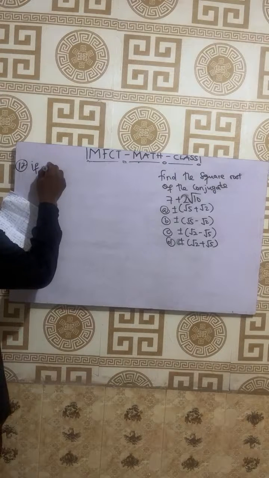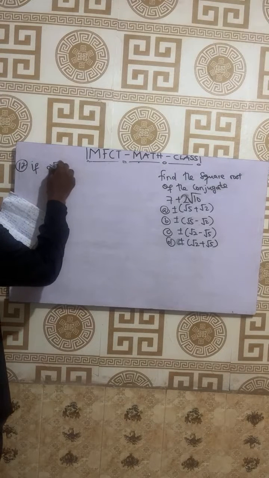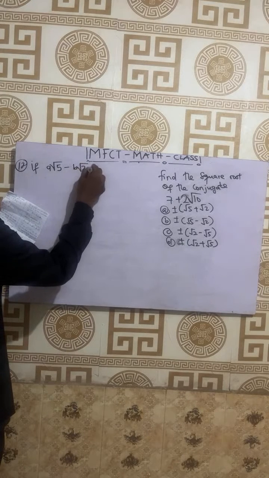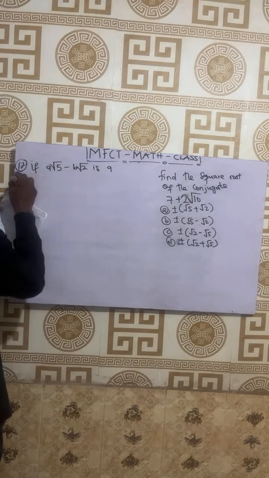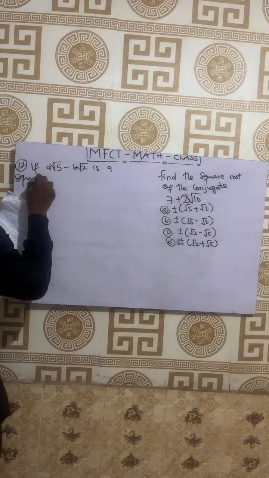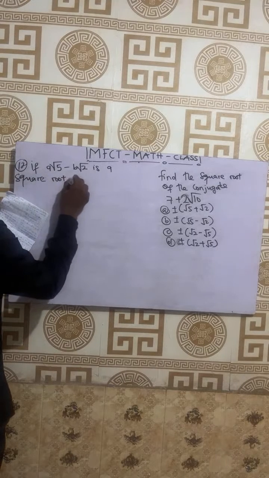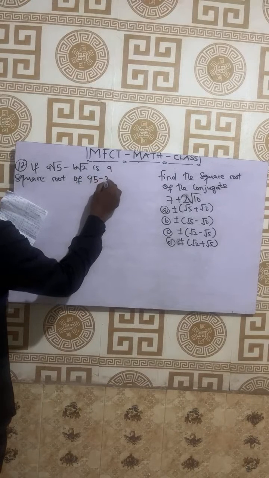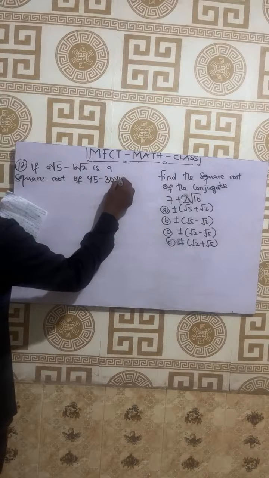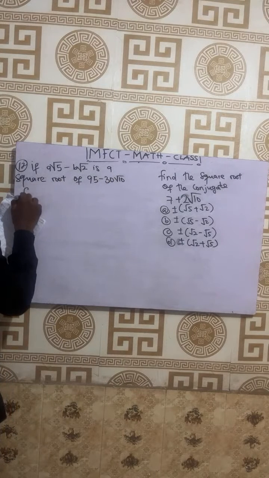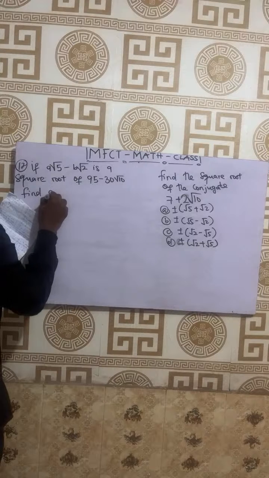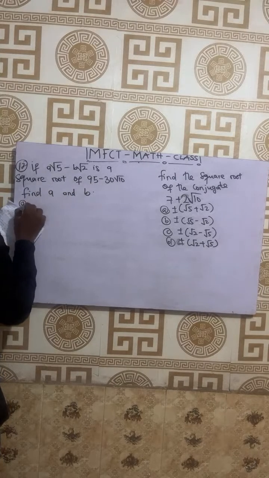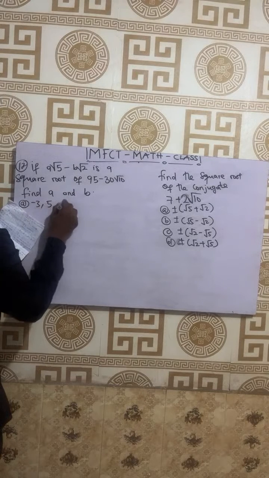If A root 5 minus B root 2 is a square root of 95 minus 30 root 10, find A and B. Option A, minus 3, 5.